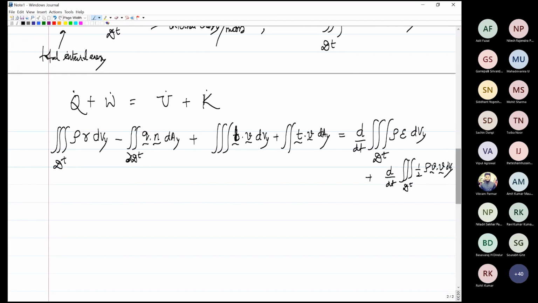Now, can you tell me what's the next step? What is this equal to from the power form of the work energy theorem?